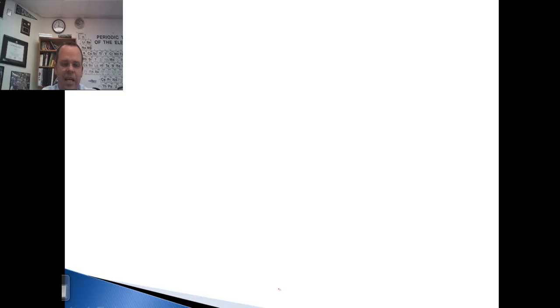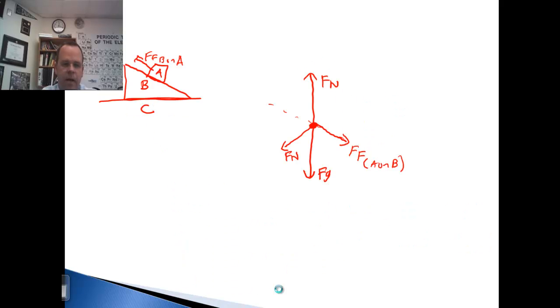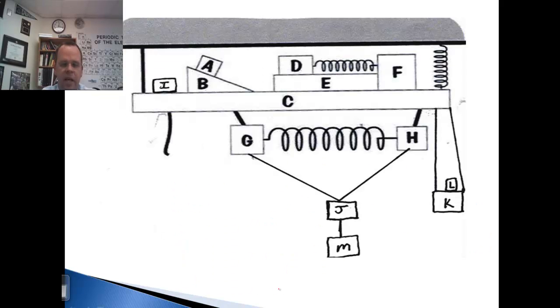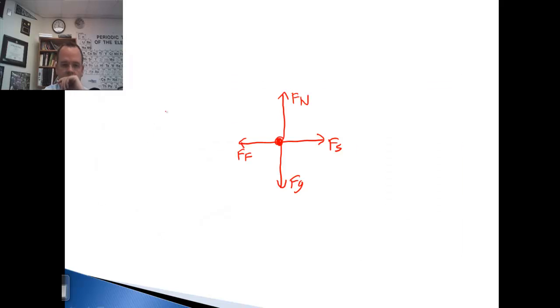So here we have another one, C. C is going to be our most complicated one. C has I, B, E, and F on top of it. Four strings pulling down. Now make sure you understand this string here. This is not attached to anything. It's not tight, so we're not going to include it.